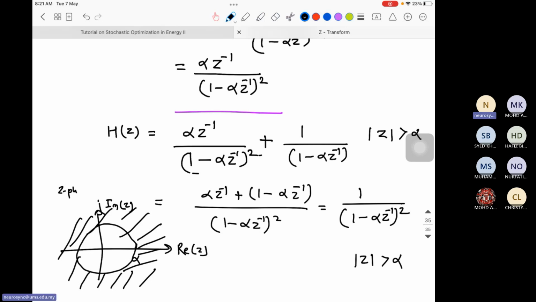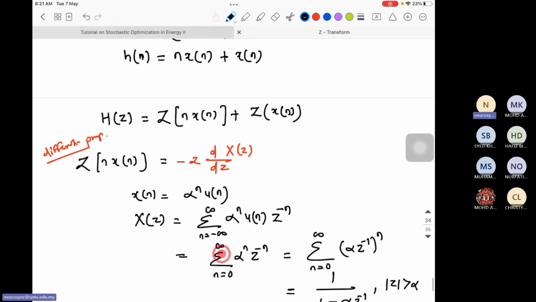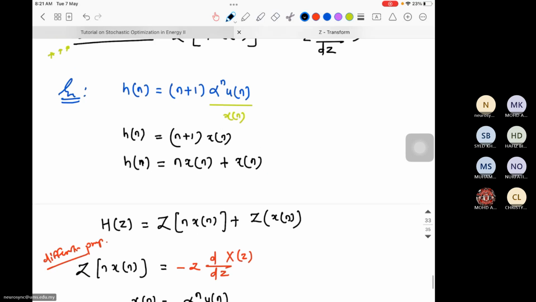So using the properties, we need to use properties here in this example. This type of example you will also find in the quiz.